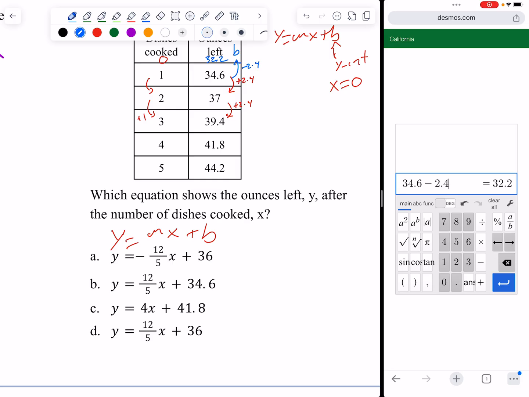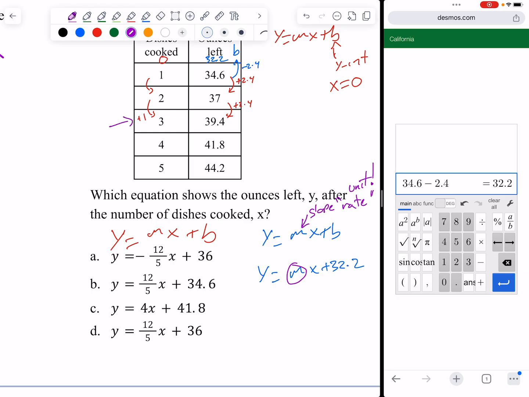So in this case, y equals mx plus b, and my b was 32.2. So now how do I find my m? My m is my slope, or more specifically your unit rate.